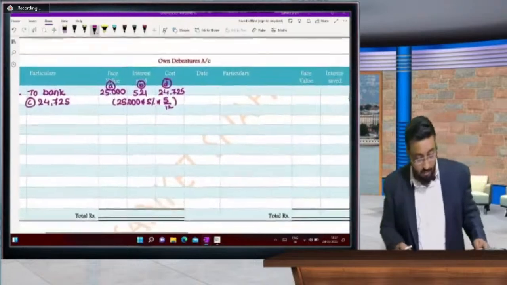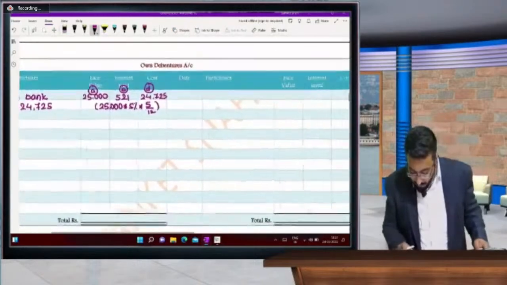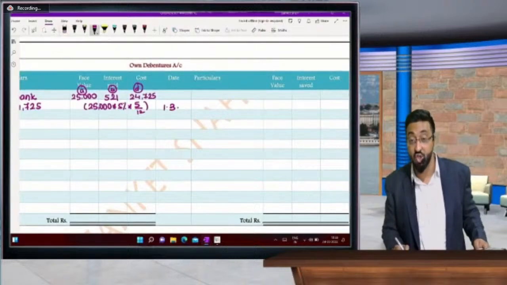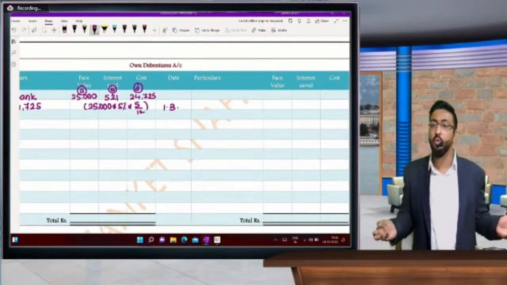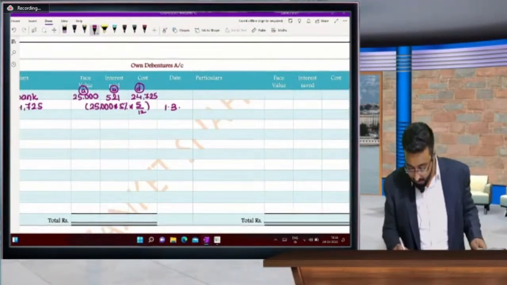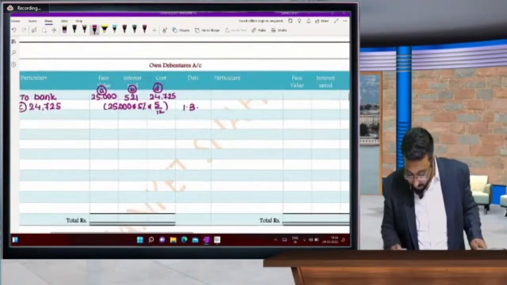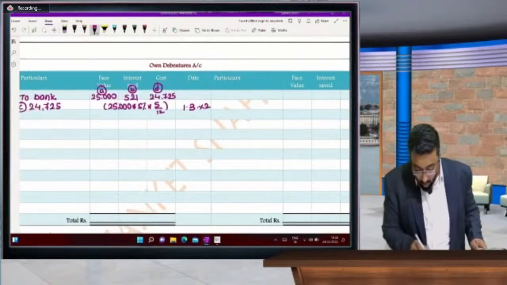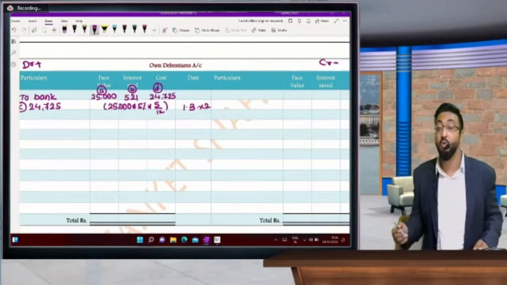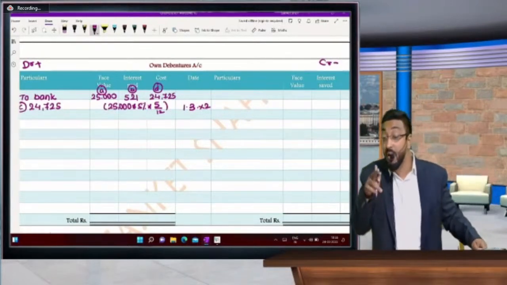Immediately on the opposite line, we will cancel this own debenture, because we don't have to maintain own debentures. How to cancel it? Own debentures are debit plus, credit minus, and anything you have to cancel by giving the opposite effect.